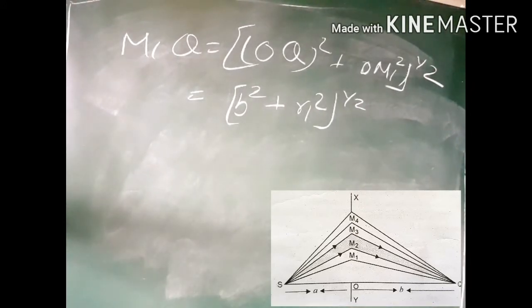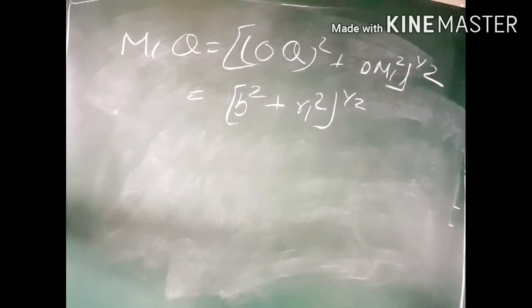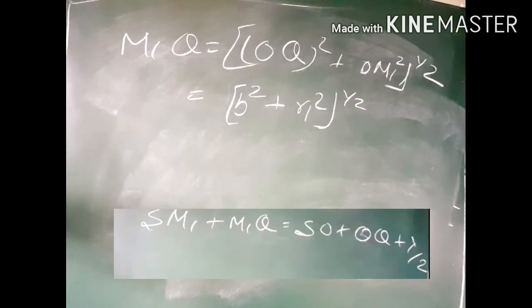Now we have the values of SM1 and M1Q. Putting both these values in the first equation, which is SM1 plus M1Q is equal to SO plus OQ plus lambda by 2, that is, a plus b plus lambda by 2.